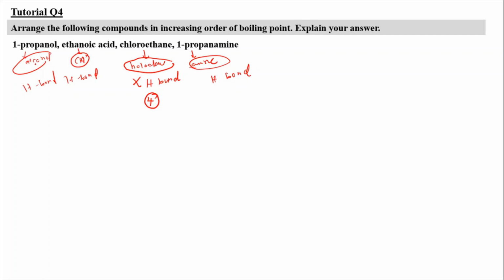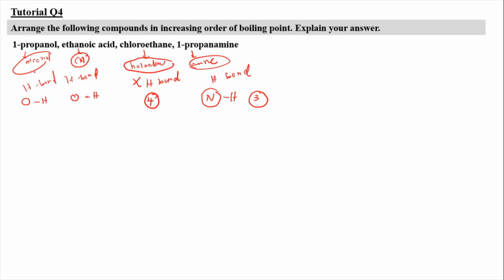Now the alcohol, carboxylic acid, and 1-propanamine can all form hydrogen bonding. However, the amine will have the weakest hydrogen bond because nitrogen is less electronegative than oxygen. Oxygen is more electronegative than nitrogen, so the amine has a lower boiling point than the alcohol and the carboxylic acid.